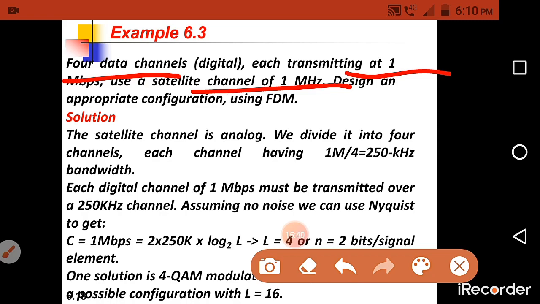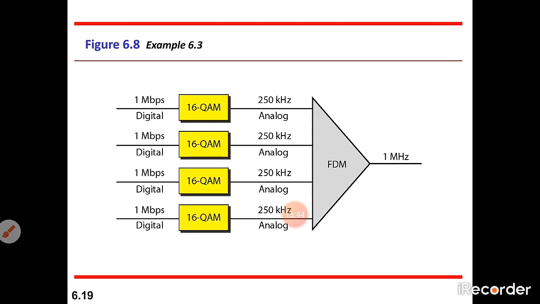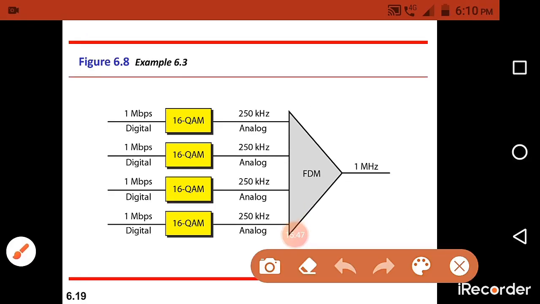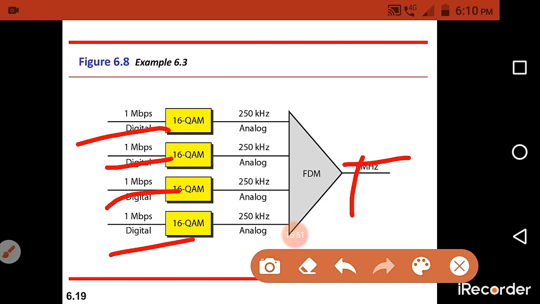You can see in the diagram here that each channel connection has 1 mbps bandwidth, and after the multiplexing we get 1 megahertz.